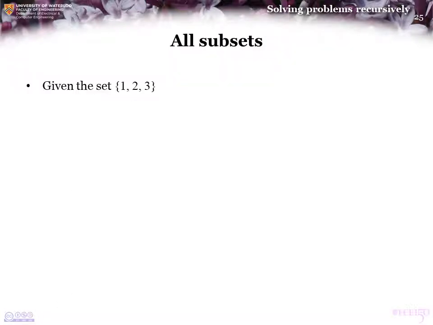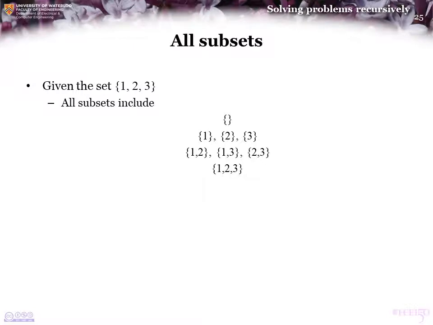Now, for our next example, we need a little bit of a setup. Consider the numbers 1, 2, and 3. Now, if I was to choose one from these three, or two from these three, or all three from these three, or none from these three, I get all possible subsets.